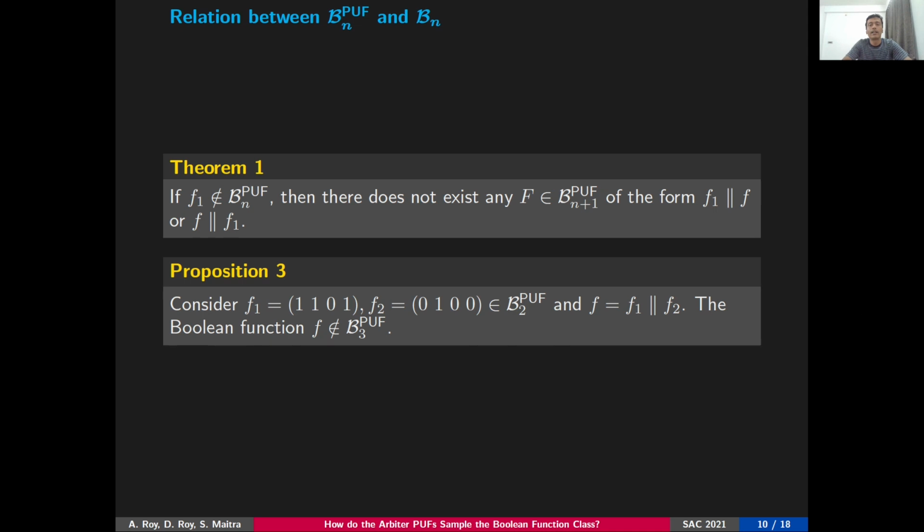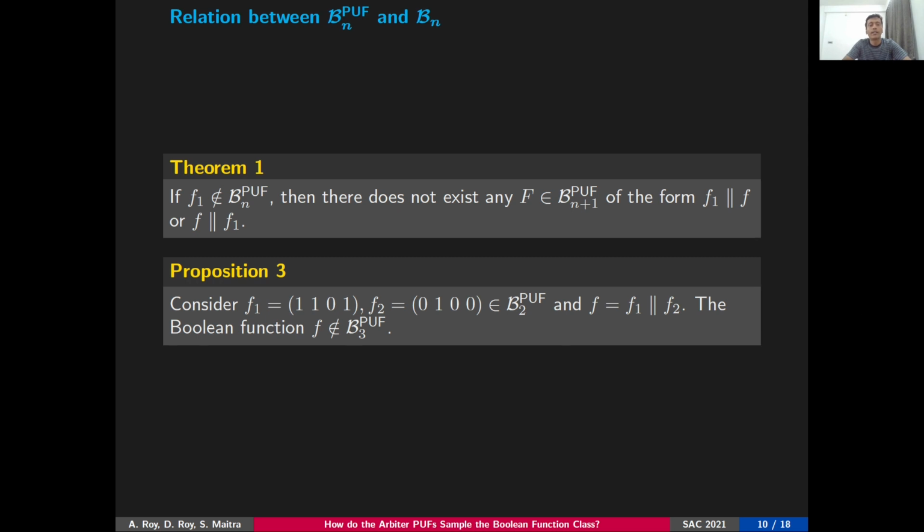Now from this result, one might think that if you consider two Boolean functions from the set Bn PUF and concatenate them, then they will belong to the Bn plus 1 PUF set. To understand this, we will consider one example, from which we will see that if I consider two such Boolean functions from the Bn PUF set and concatenate them, they might not belong to the Bn plus 1 PUF set.